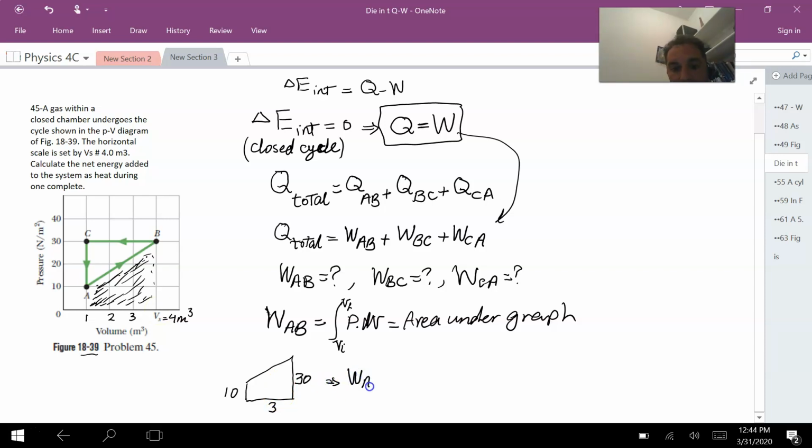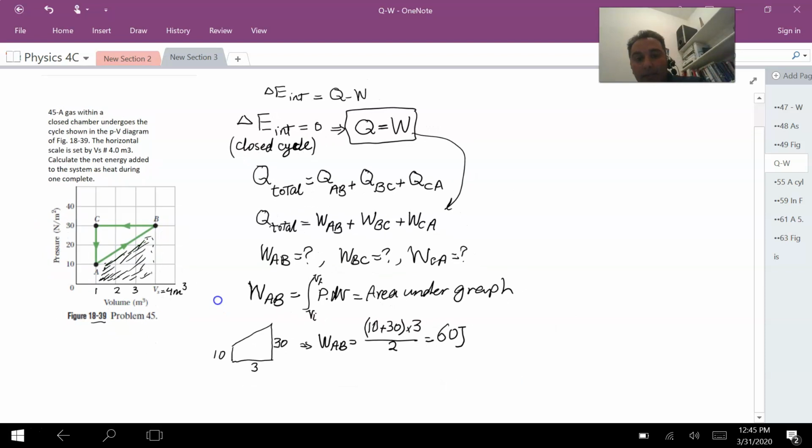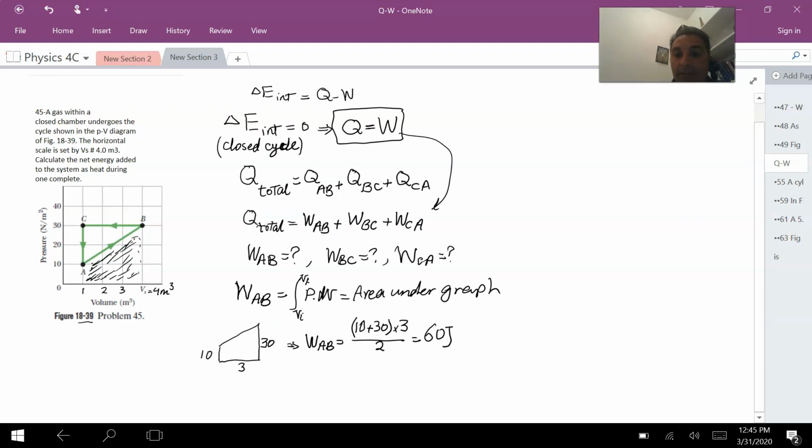Therefore, W in the path of AB is a trapezoid. It is a small segment, which is 10, plus the big one, which is 30. Add them, times height, divided by 2. The answer will be 40, 20, 20 times 3 will be 60. Is everything metric system? Yes, 60 joules. This is W in the path of AB.